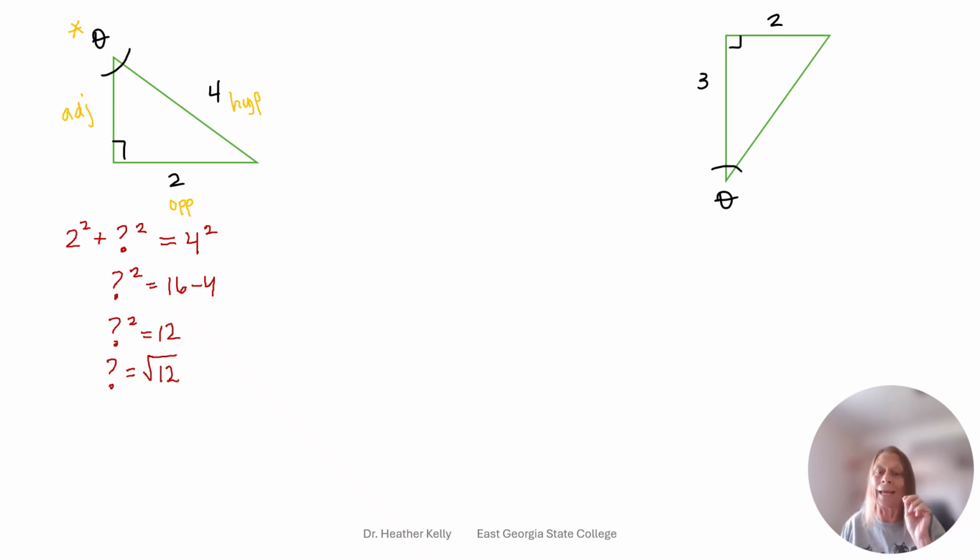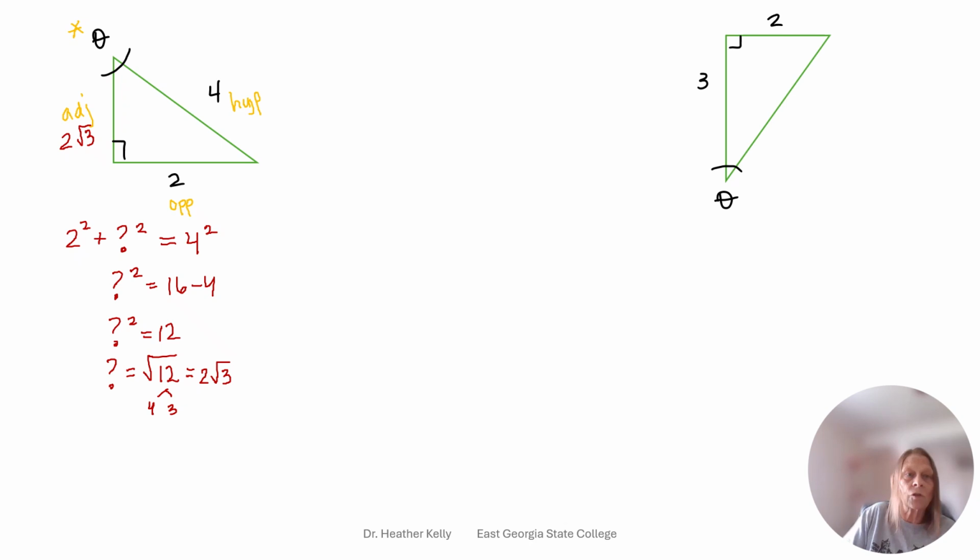Also, we don't want any radicals in the denominator, so we have to rationalize everything, and I'll be going over all of that kind of stuff today. So this is the square root of 12, which I believe I talked about at least once during the course of this class so far. This is 4 times 3. The square root of 4 is 2, and we're left with a square root of 3. So our other side here is 2 square roots of 3.